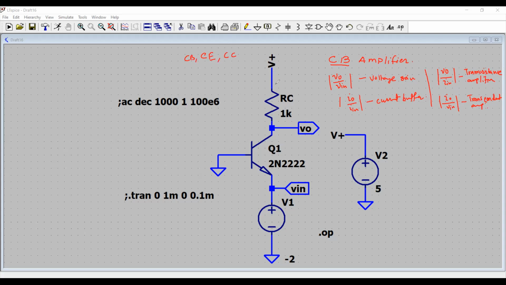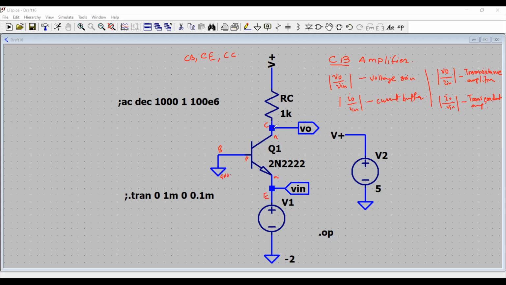Right now on your screen, I have this BJT in an NPN mode, and it has a collector, a base, and an emitter. The base is tied to the ground potential as shown.